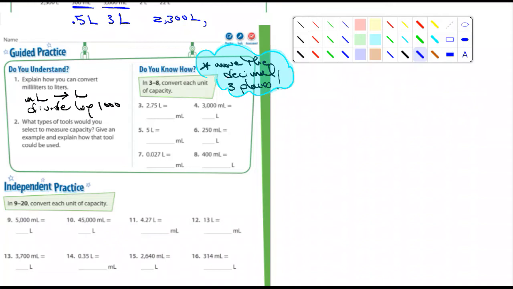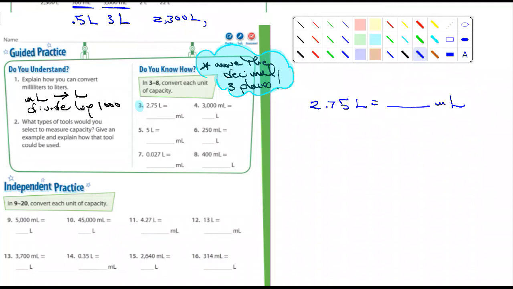Number 3, it says 2.75 liters equals how many milliliters? Okay?